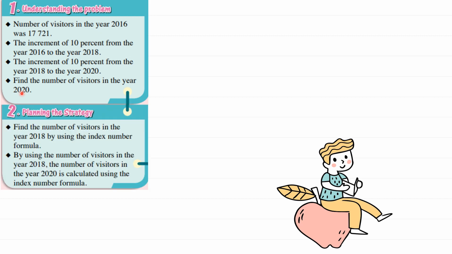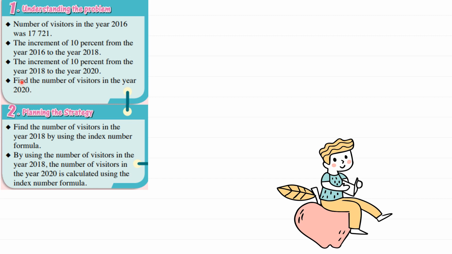So to solve this question, next you are going to plan the strategy, how you are going to use this information to solve the problem. You are going to find the number of visitors in the year 2018 first, by using the index number formula, since the question asks for the number of visitors for 2020 and you need the number of visitors for 2018 as well.